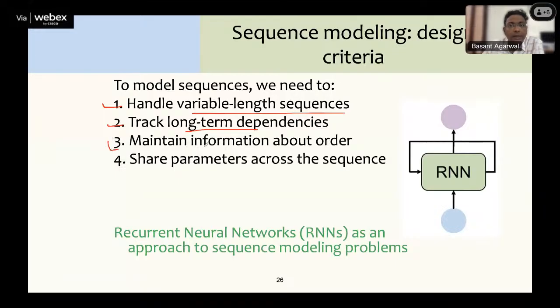Third is maintaining the... Okay, so there is a question in the chat. The question is: for words in the vocab, we can create a one-hot encoded vector, but how can the vector representation be done in the case of padding?